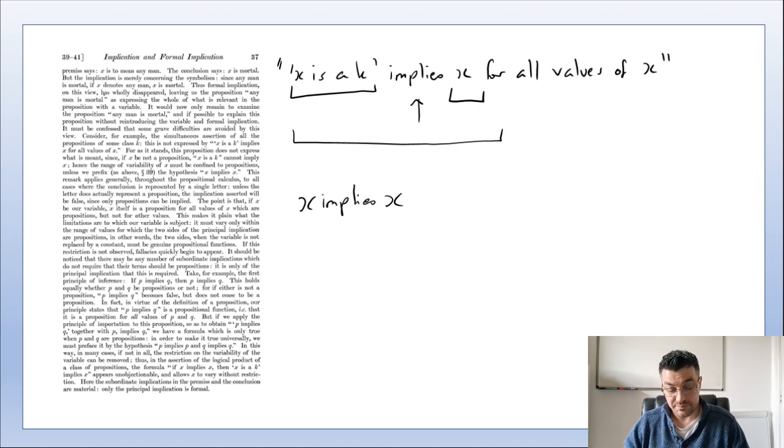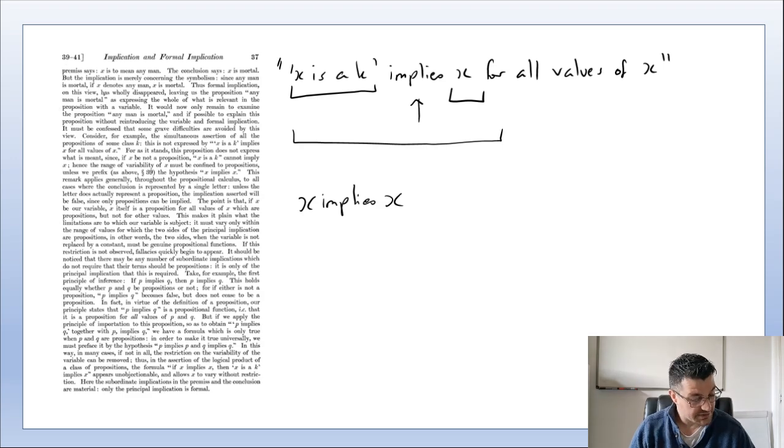This remark applies generally throughout the propositional calculus to all cases where the conclusion is represented by a single letter. Unless the letter does actually represent a proposition, the implication asserted will be false, since only propositions can be implied. So the problem really is partly a problem with the way that we symbolically represent things, I guess, if we use a single letter.